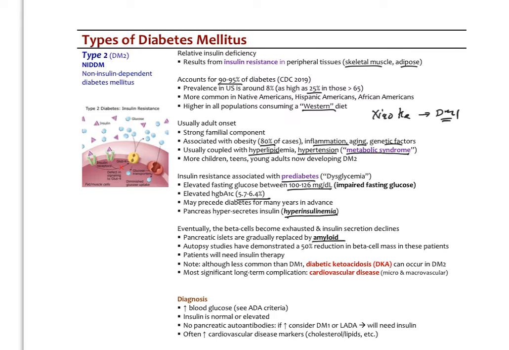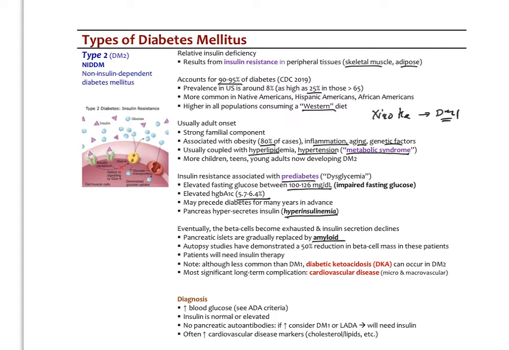So in autopsy studies, they found a 50% reduction in beta cell mass in type 2 diabetes patients. Patients will eventually need insulin therapy. So it's not true that type 2 doesn't need insulin therapy. It's just that usually in the early stages, we can use agents to improve insulin resistance. We can encourage lifestyle and diet modifications to work with that. But in the later stages, they often will need insulin therapy.